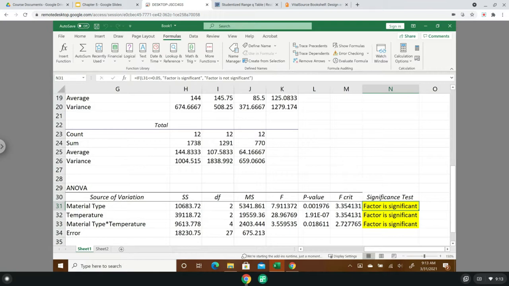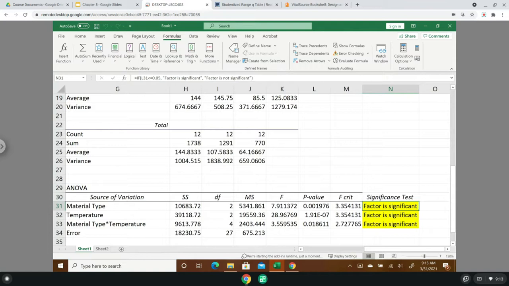So the null hypothesis is rejected. The null hypothesis of equality of means, mu1 is equal to mu2 is equal to mu3, is rejected, and the alternative hypothesis is accepted. That means there are inequalities. The mean battery life from three different material types is different, right?